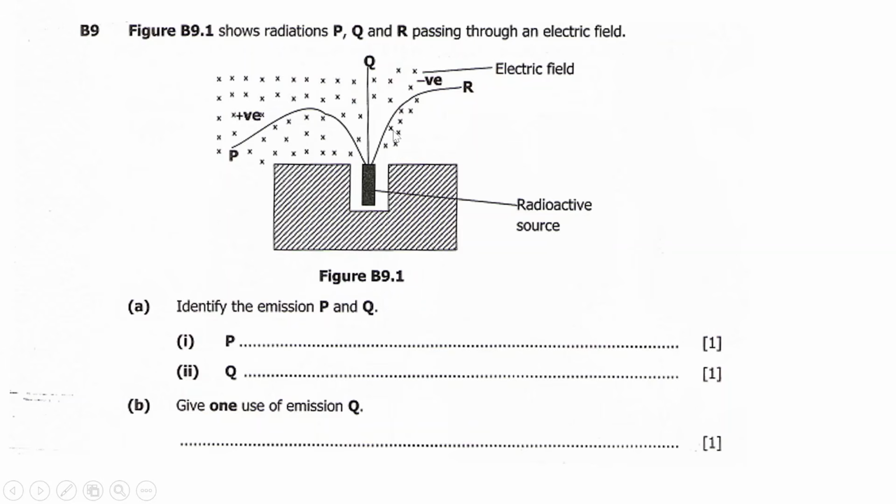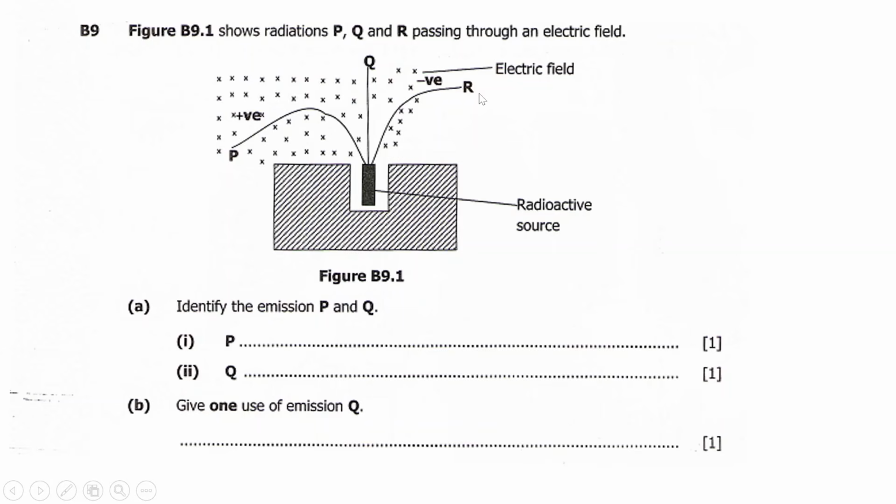So in this case, when we look at P, Q and R, which one has undergone a much larger deflection? It's actually P. And which one has not undergone a deflection? It's actually Q. And which one has undergone a smaller deflection?